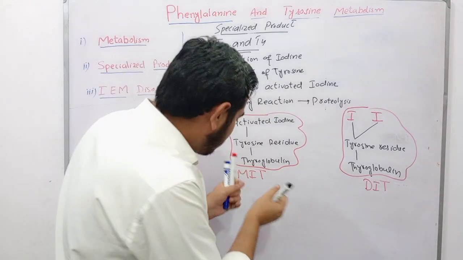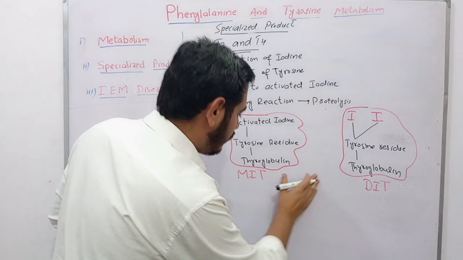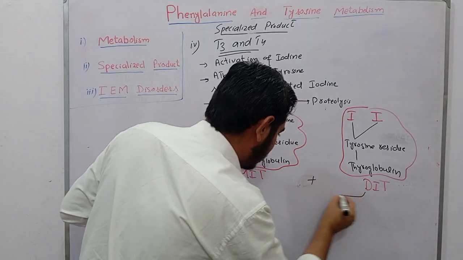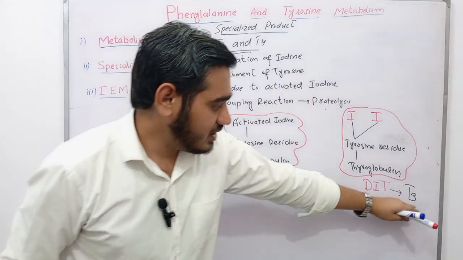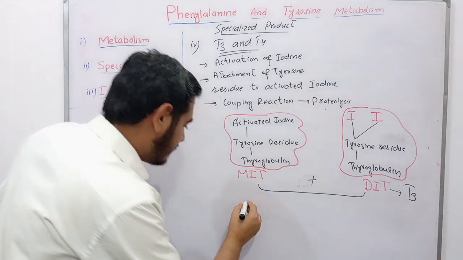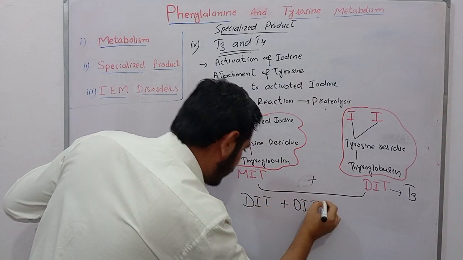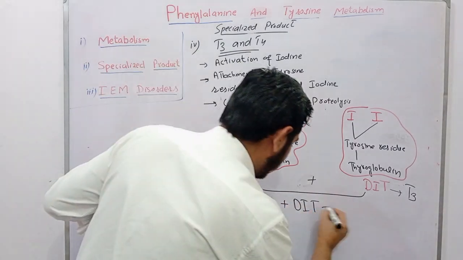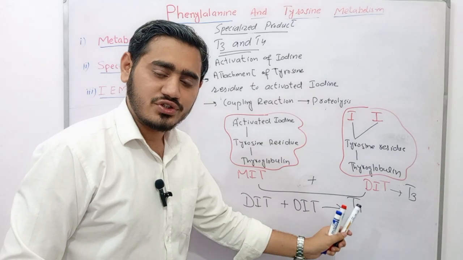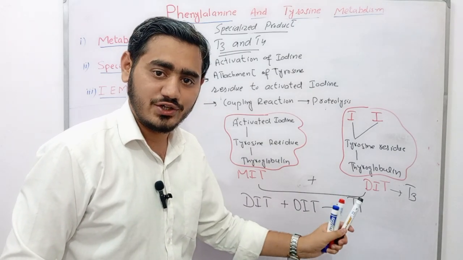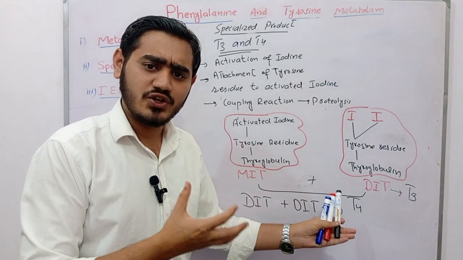Now this monoiodotyrosine and diiodotyrosine, through coupling reaction, lead to the formation of T3, that is triiodothyronine, and diiodotyrosine and diiodotyrosine, through coupling reaction, lead to the formation of T4, that is tetraiodothyronine. So that's how T3 and T4 get synthesized in thyroid gland, and there are various biological functions of T3 and T4.